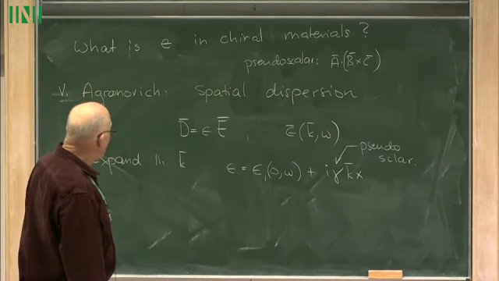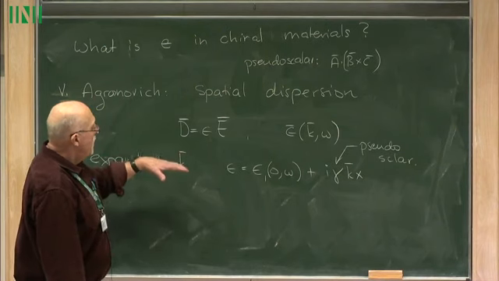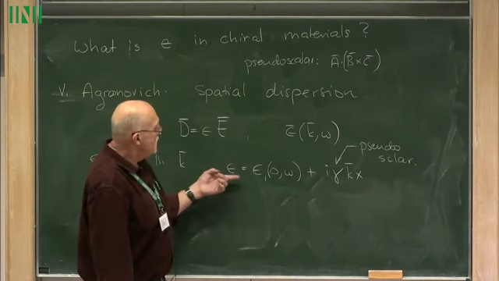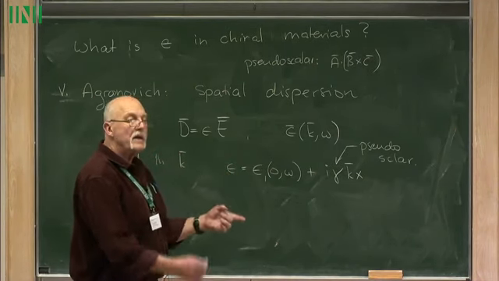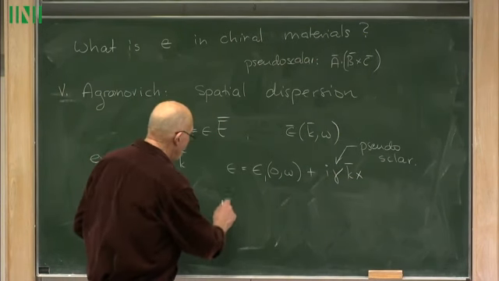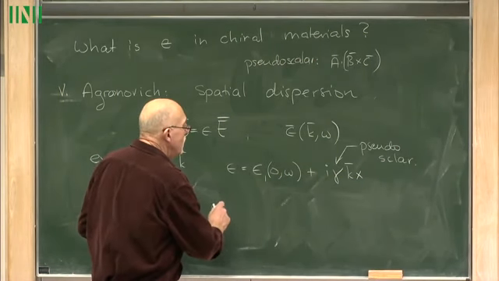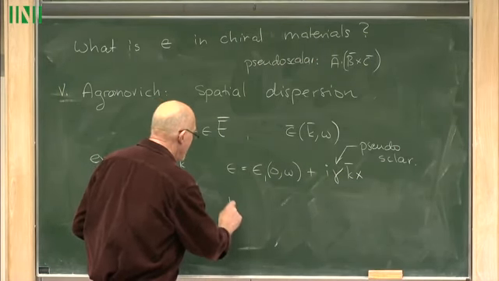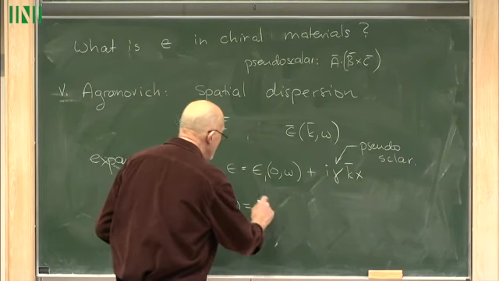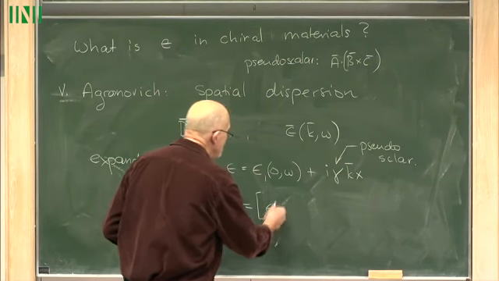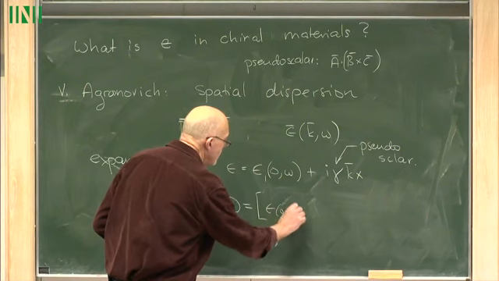So having a system where epsilon had this structure, then we would have D equal to epsilon 0 omega.